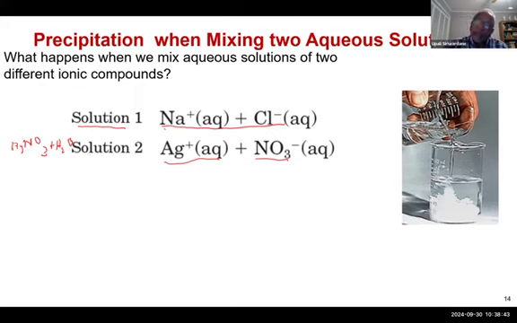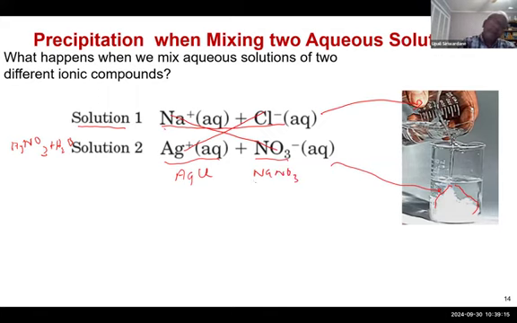When you pour the sodium chloride solution into the bottom, a white precipitate is formed, because this leads to two new combinations: sodium nitrate and silver chloride. Silver chloride is an insoluble salt.